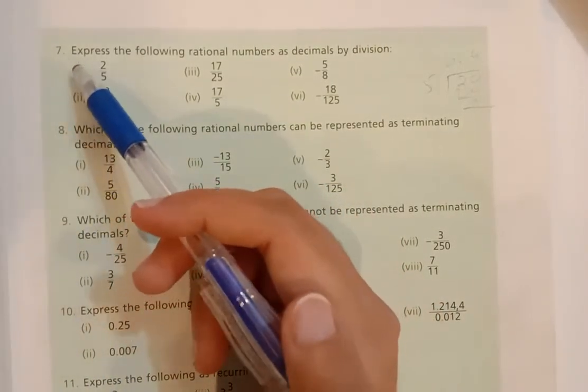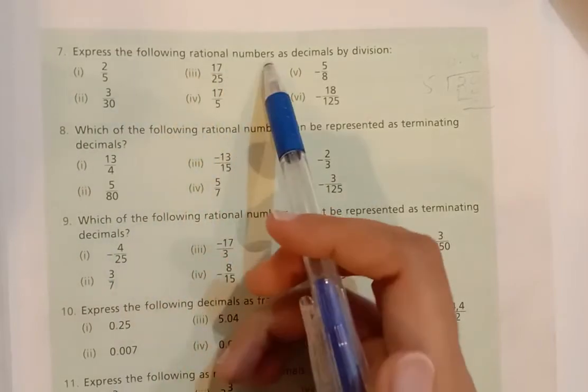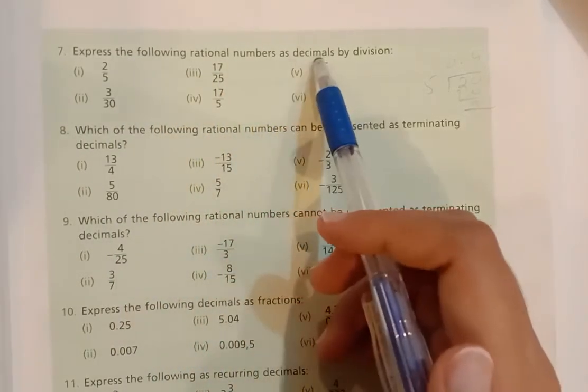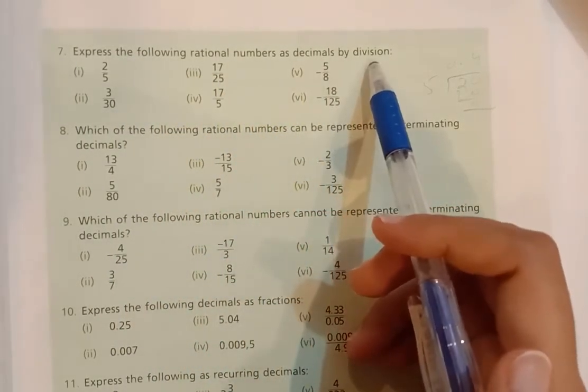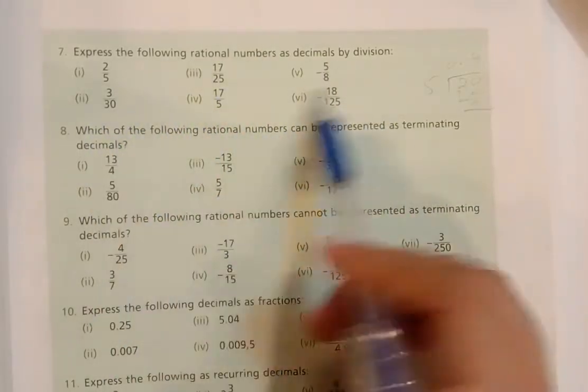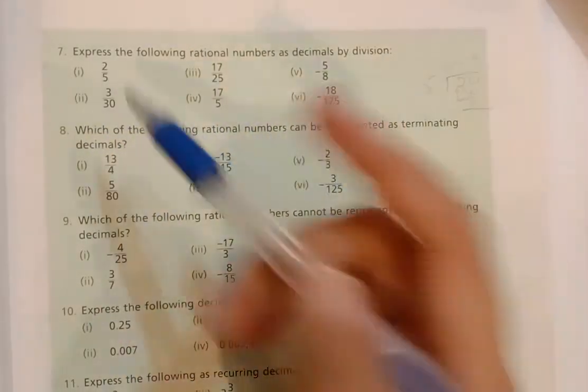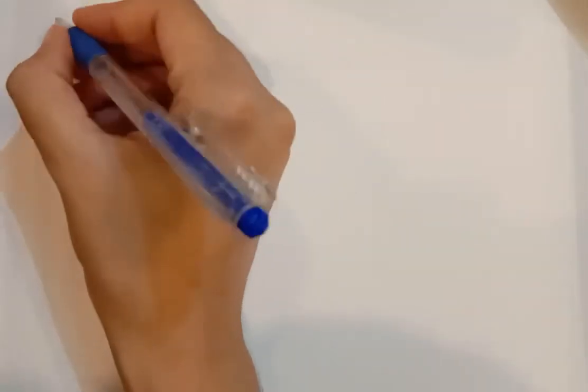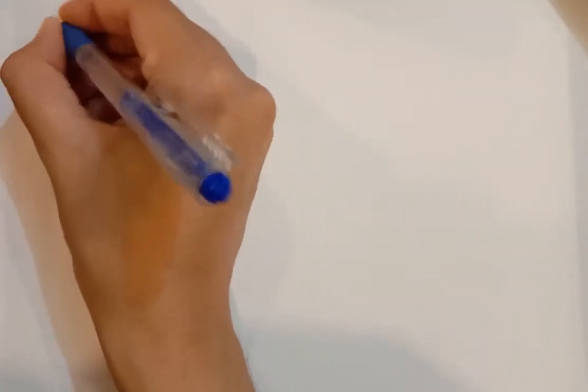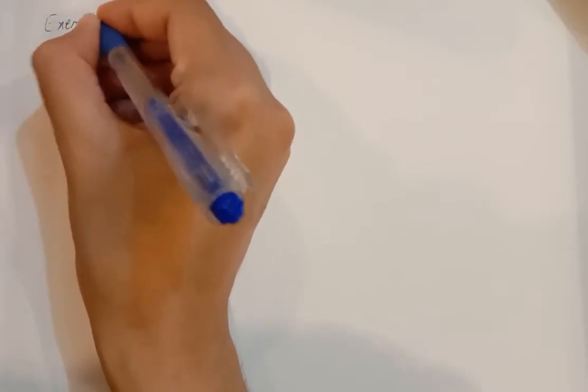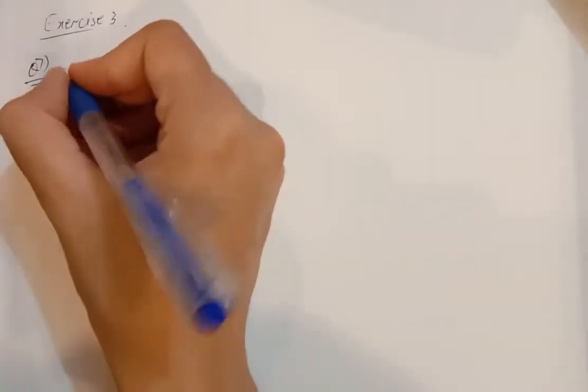So today we have to do: express the following rational numbers as decimals by division. Okay, we have to express them as decimals by division. 2 by 5. First of all, we have to write the question. Exercise 3, question number 7.